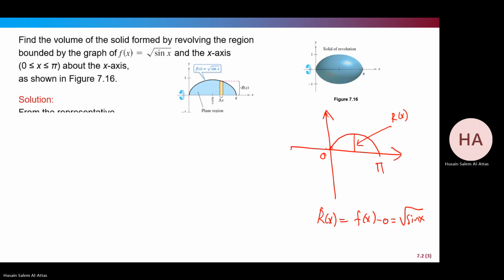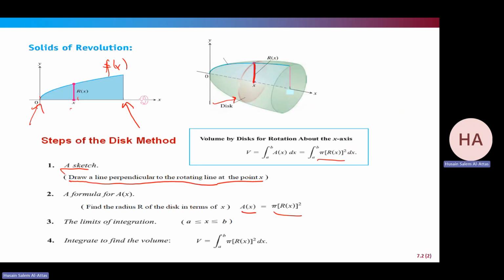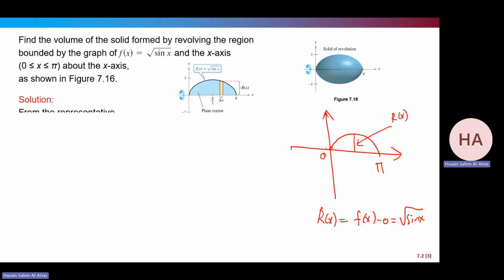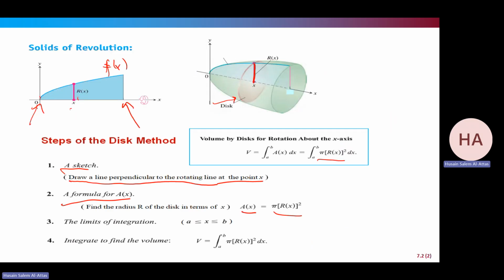This is what I need. We need also to draw the line. Now we find the area. So the area A of x will be pi times r of x squared. And that gives me pi sine x. Okay. That will be the area.